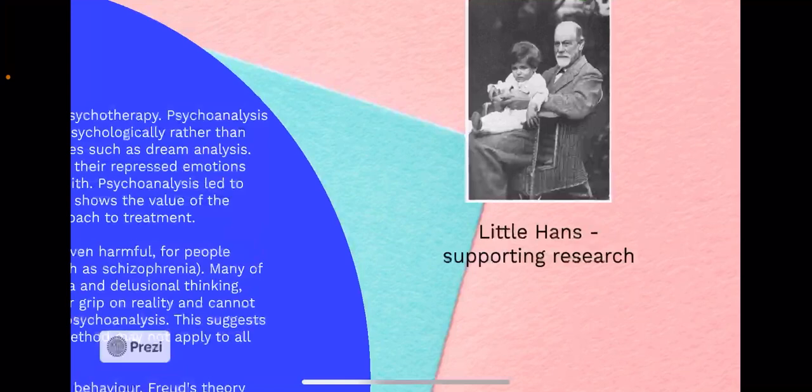And when they go through that process, especially with Little Hans, he was fearful of his father. He saw his father as a threat. And only when he learnt to identify with his father did he come out of this stage.